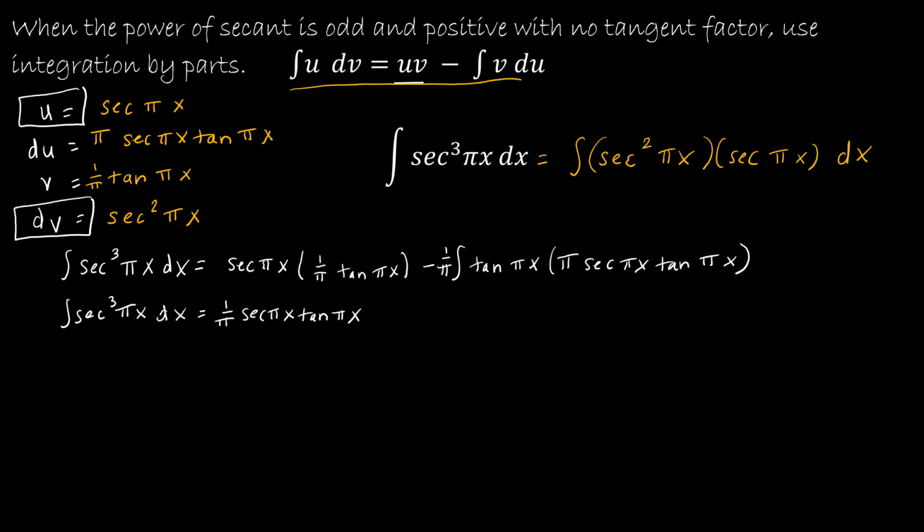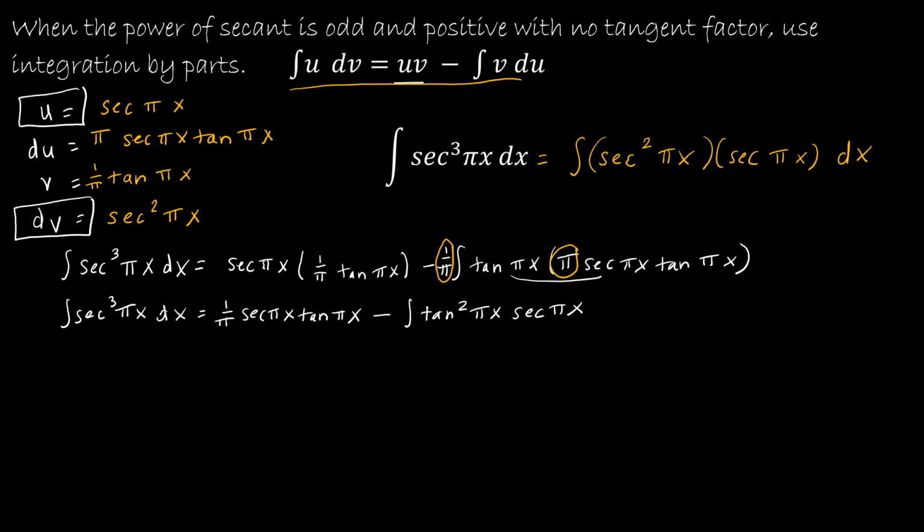And then you'll notice here I have a 1 over pi, and then I also have a factor of pi, so those essentially will cancel each other out. And I'll end up with minus, and then I have the integral of tangent pi x times secant pi x tangent pi x. So what I really have is tangent squared pi x secant pi x.